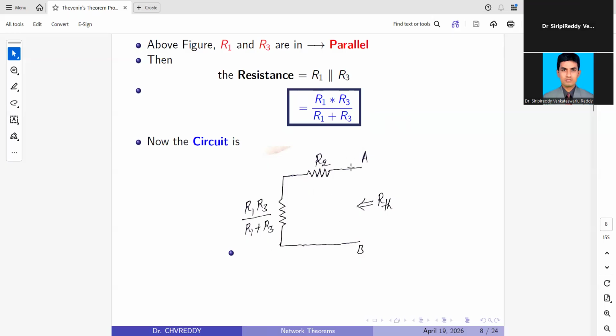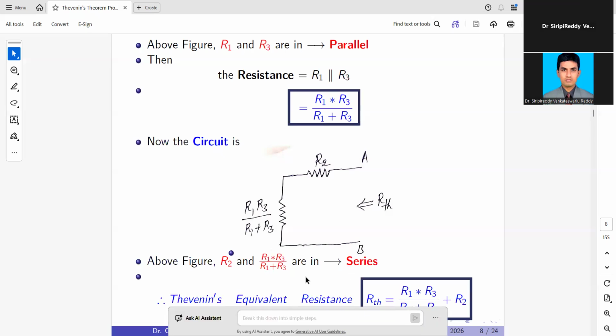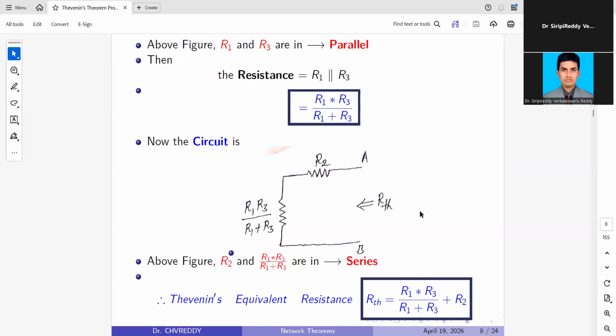So the Thevenin equivalent resistance RTH equals R1 R3 divided by R1 plus R3, plus R2. This is the Thevenin equivalent resistance seen from the terminals A and B.